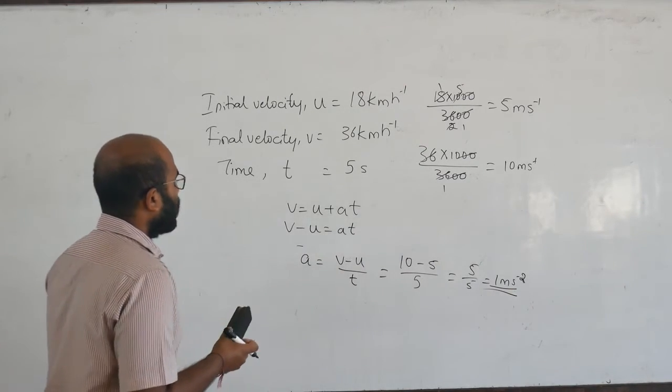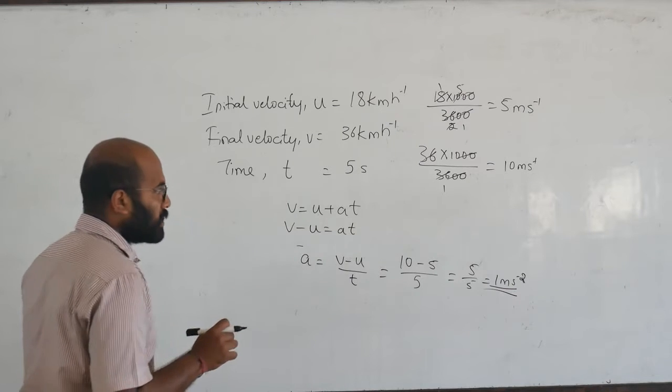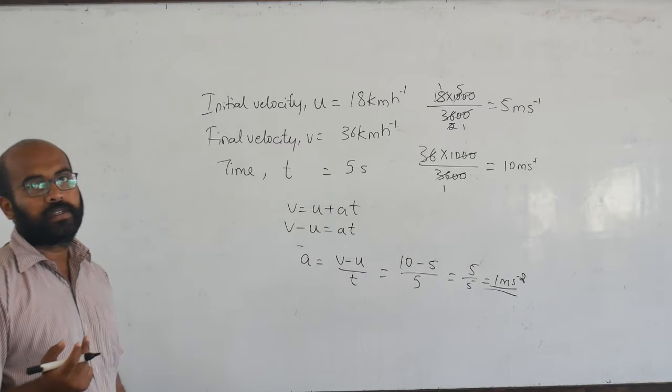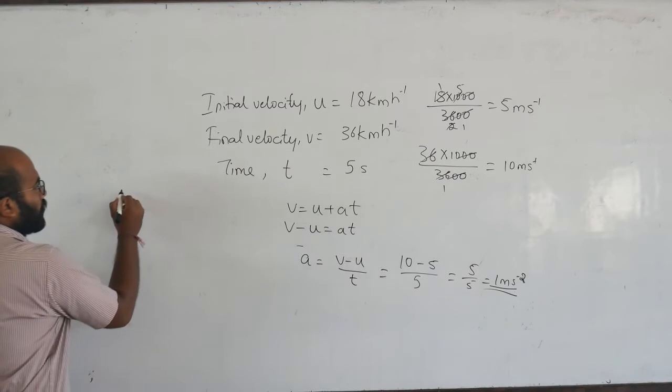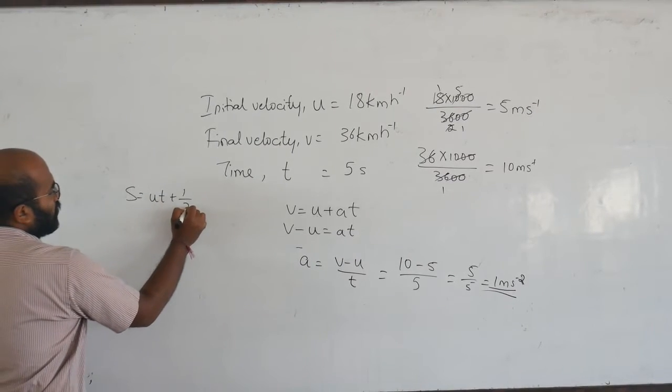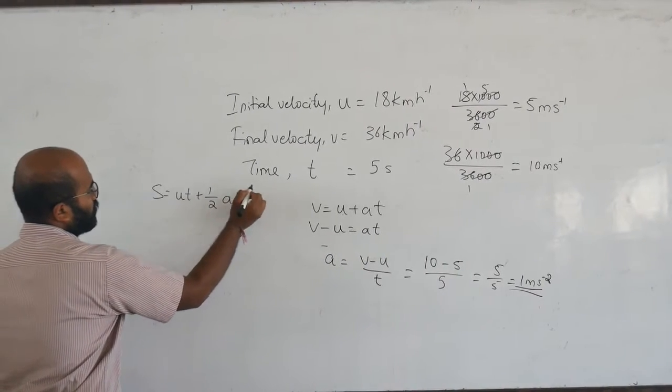Now they have asked to find the distance s. There are two different equations, so let me use s is equal to ut plus half at square.